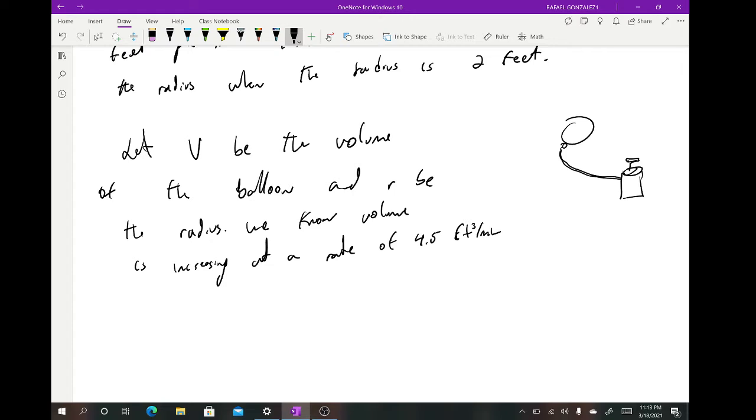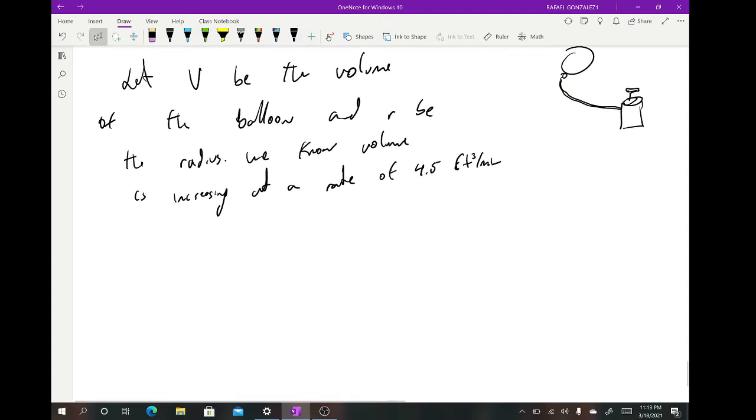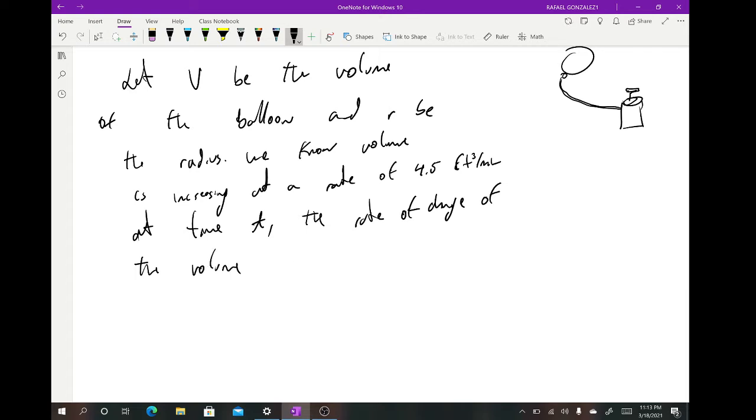Okay, now we know that at time t, the rate of change of the volume, dV/dt, is 4.5.